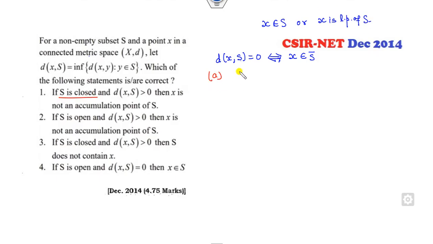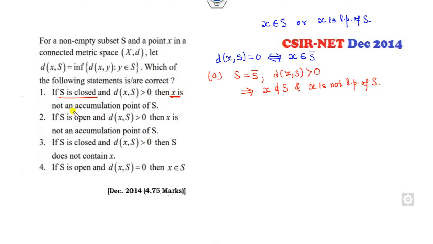S is closed. It means S is equal to S closure, and D of x comma S is strictly greater than 0. What does it mean? If this does not satisfy, it means x does not belong to S and x is not a limit point of S. Fine.